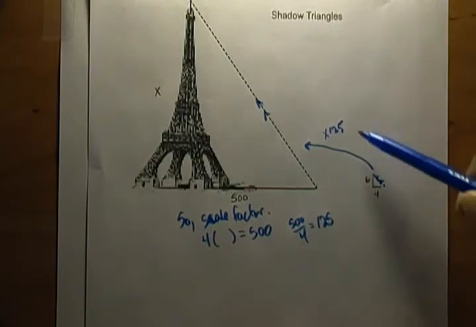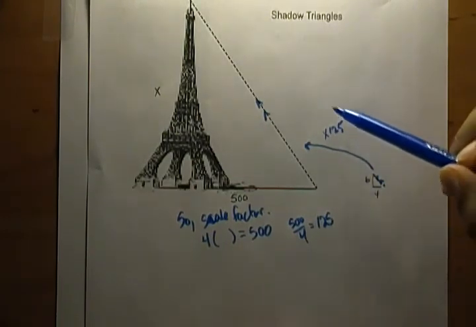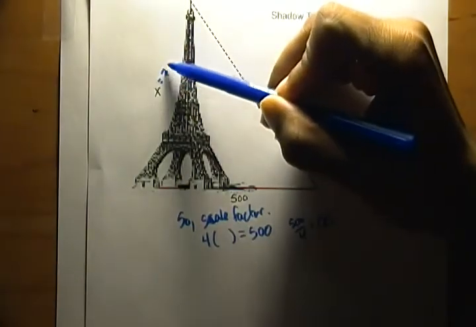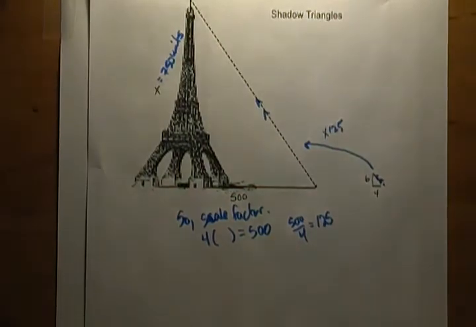So that means 6 times 125, that's 750 units. Because we know the scale factor, we know that the Eiffel Tower is 750 units tall.